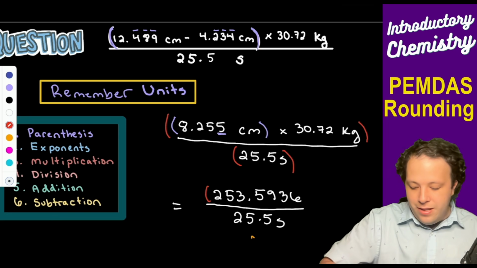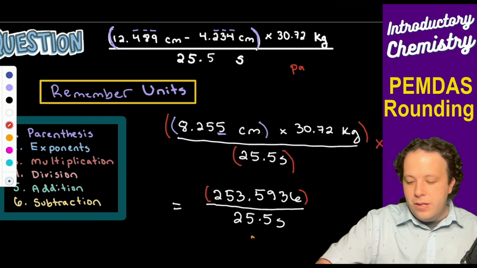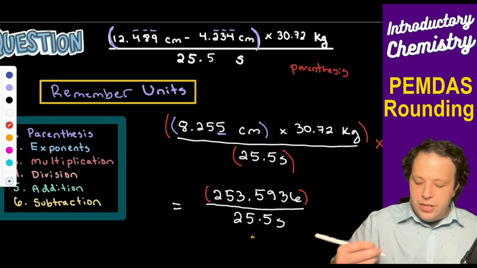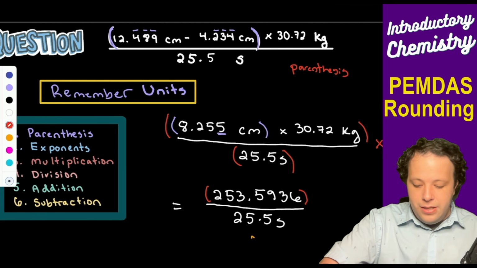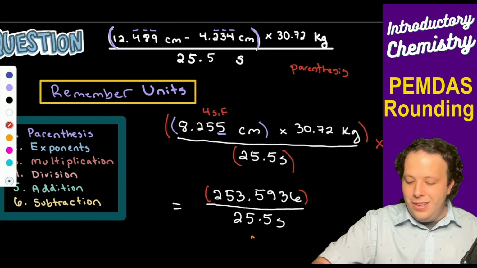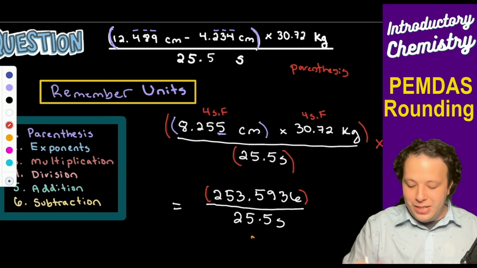That would have been your multiplication. I'm going to label those for us. When we do that step, we have to count our sig figs again. We have 4 sig figs on the left and 4 sig figs on the right. So we're still at 4 sig figs.